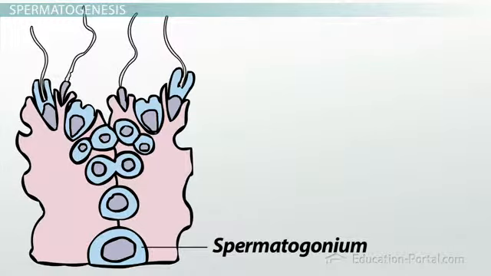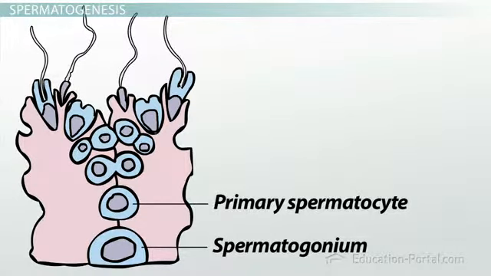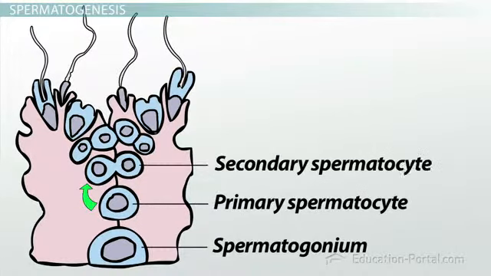Often, when a spermatogonium divides by mitosis, one of the daughter cells will take a position between Sertoli cells, enter meiosis, and become a primary spermatocyte. As meiosis continues, the primary spermatocyte migrates away from the base of the Sertoli cells and divides to form 2 secondary spermatocytes.